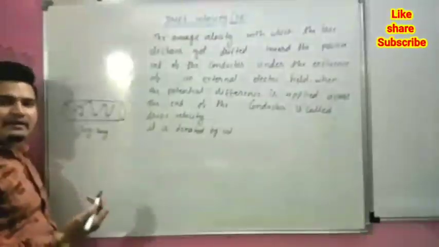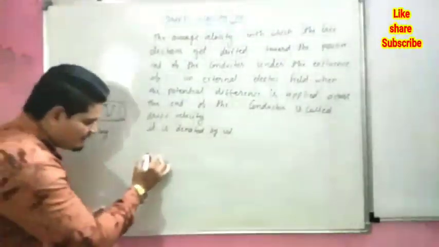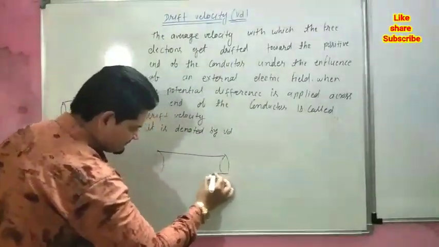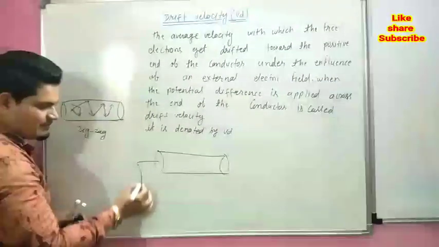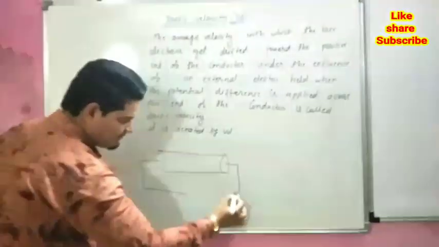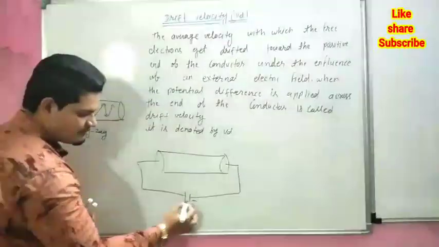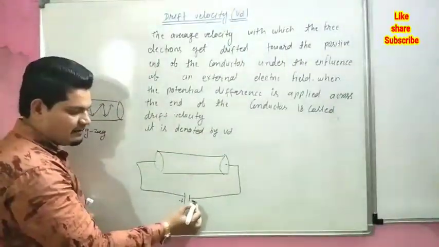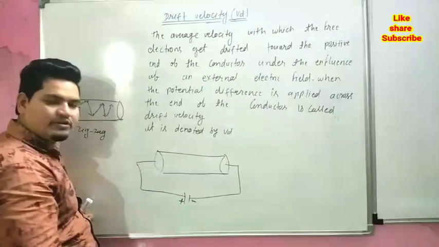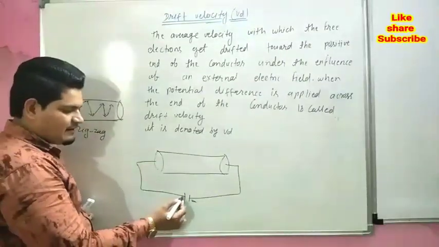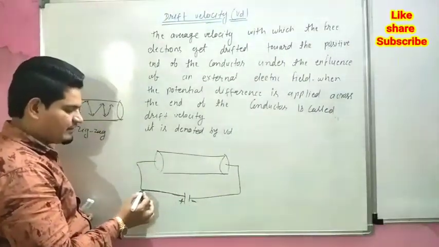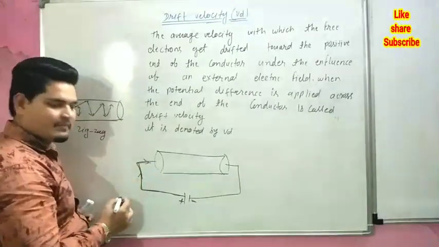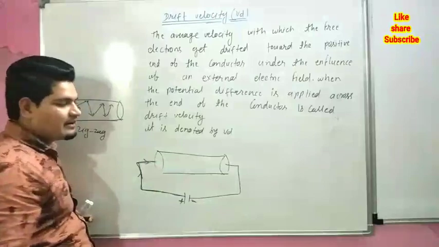Now when we apply a battery across the ends of the conductor, this is the negative terminal of the battery, this is the positive terminal of the battery. We know that current flows from the positive terminal of the battery.